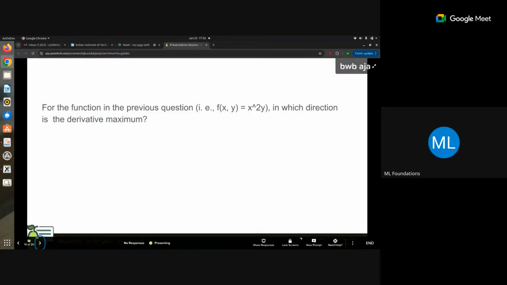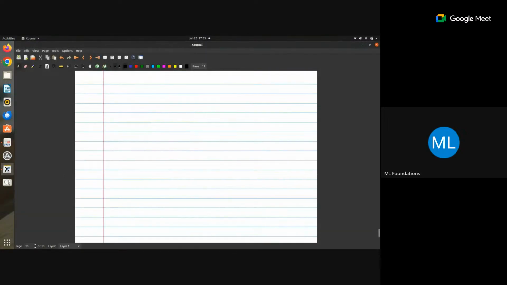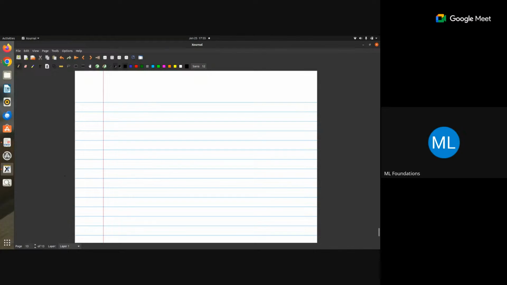Fine. Which direction is the derivative maximum? This I'll solve. Which is the direction where the directional derivative is maximum? It is maximum in the same direction in which the gradient is, right? That will be the direction where this gradient is maximum.